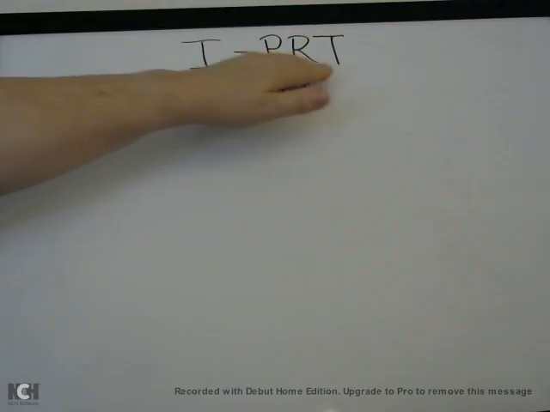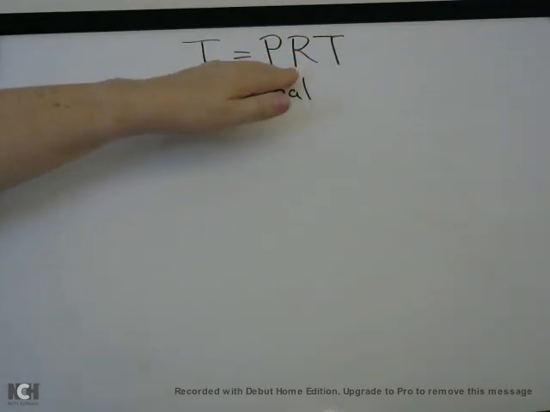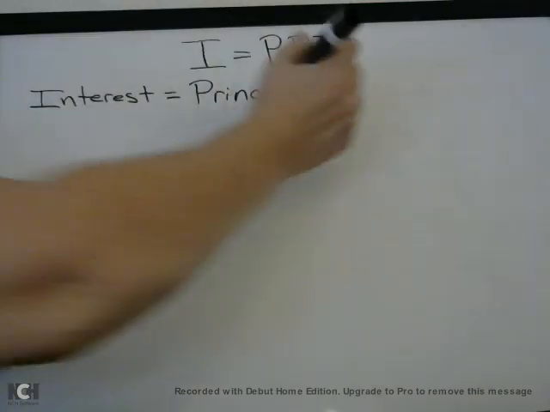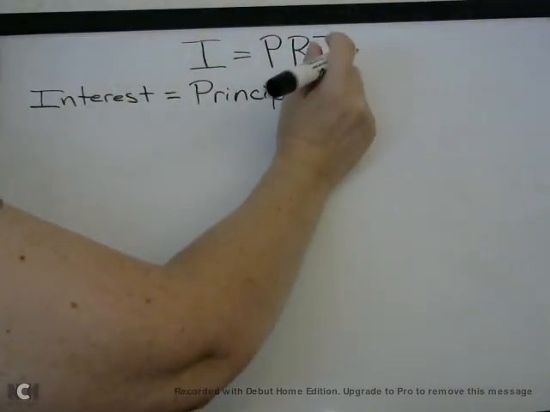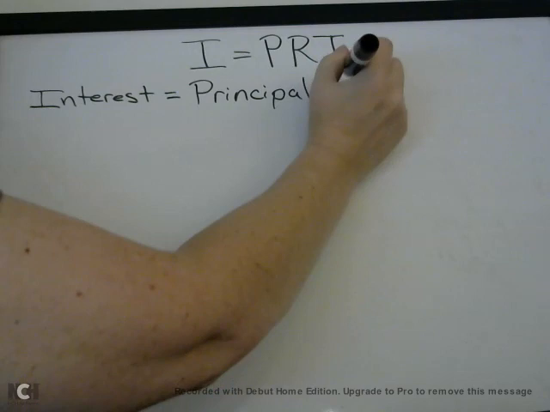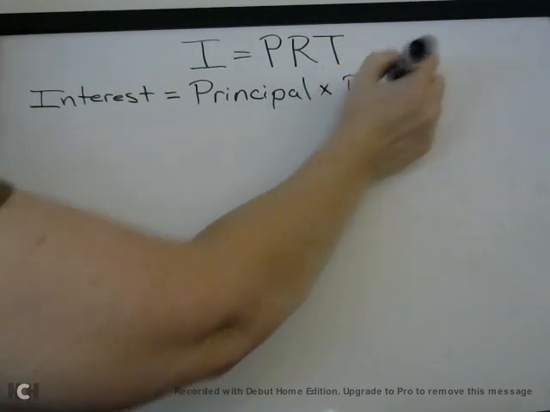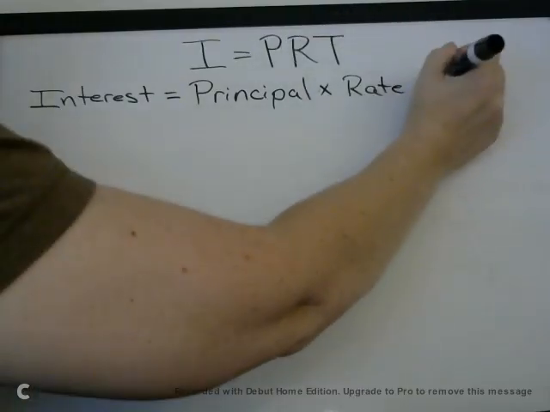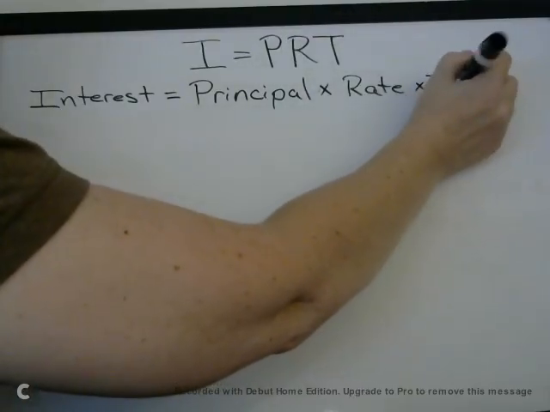So when it says PRT, it really means P times R times T. So here it's principal times R stands for rate times T stands for time.